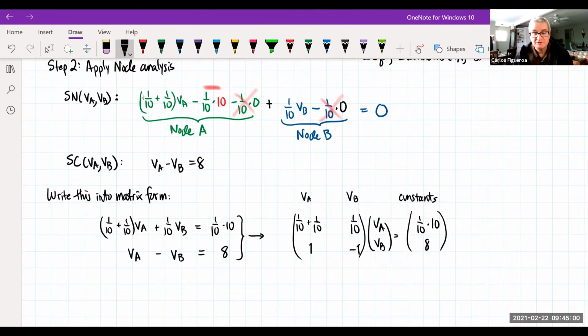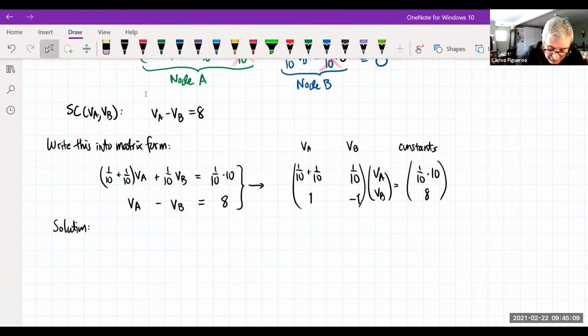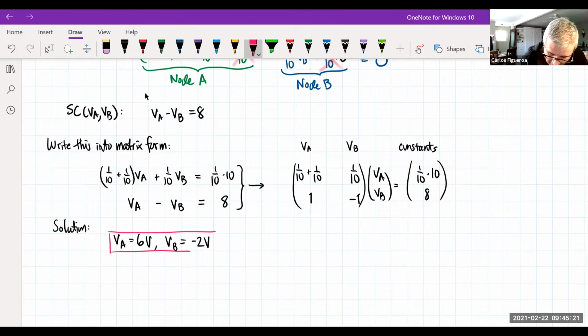And that's my matrix. So now I have a solution through matrix magic. If I get my solution, I'm getting VA is equal to 6 volts, VB is equal to minus 2 volts. So I now have all of the node voltages here.